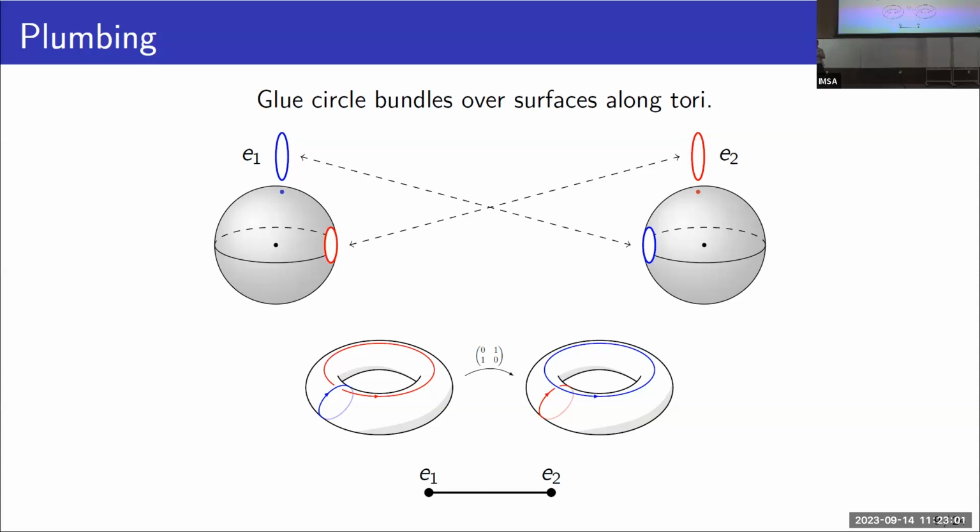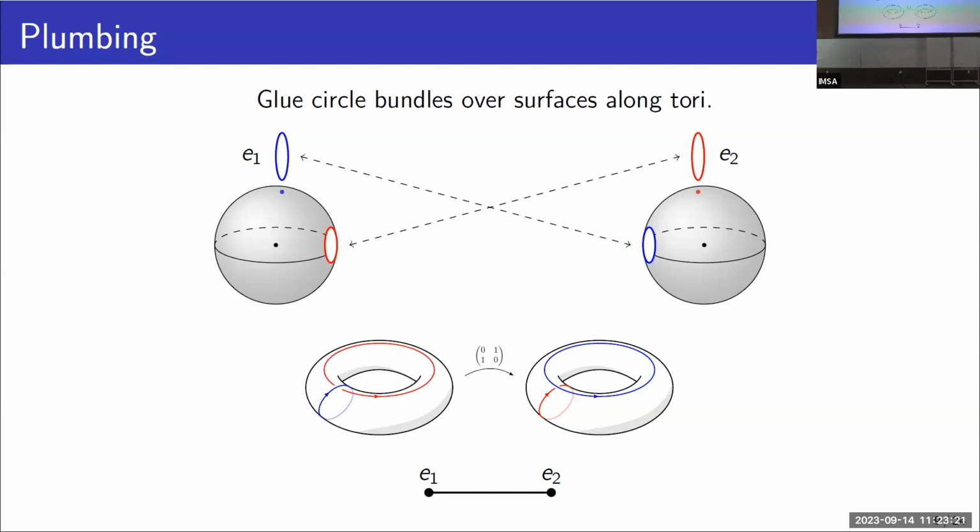Yeah, so they are all glued from surfaces in this way, and we record them by drawing a finite graph where we put a dot for each sphere, and we put an edge whenever we glue. So we get all these manifolds.